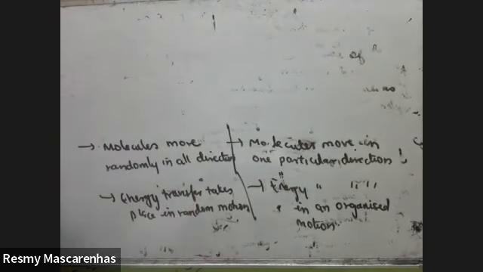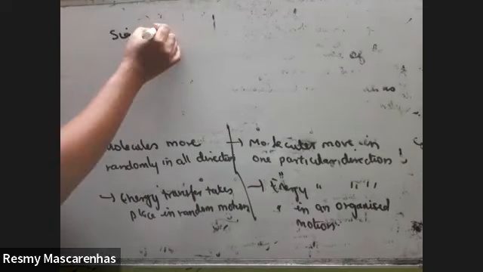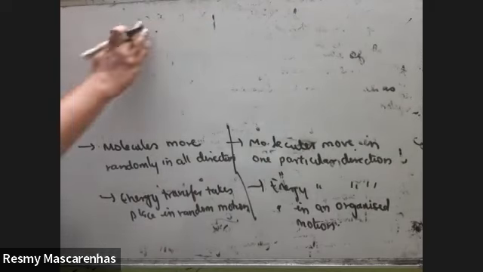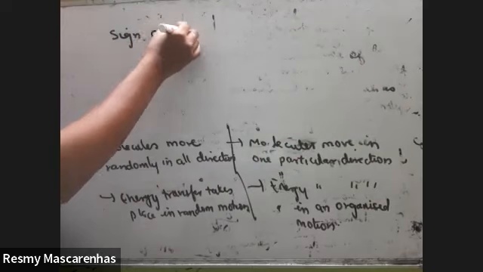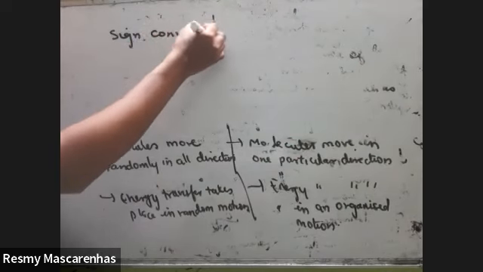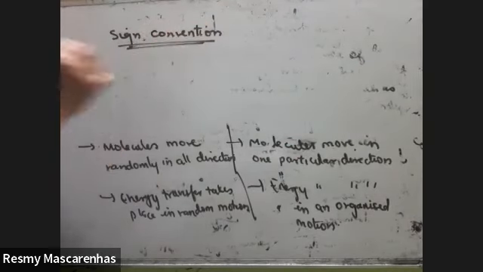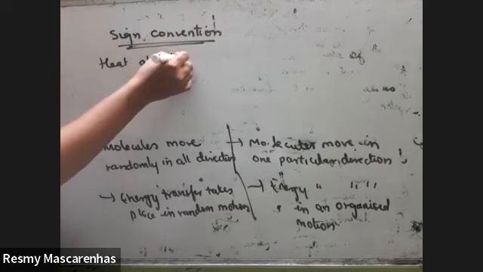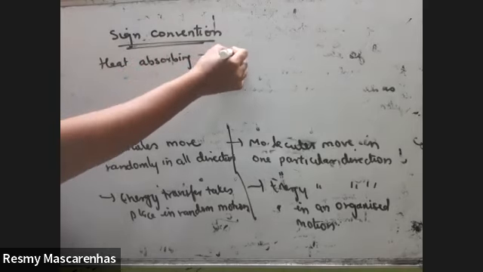Just the sign conventions, small. Because next class I just directly start with the first law of thermodynamics. Sign convention. Heat absorbed: if you are absorbing heat, then it is considered positive.